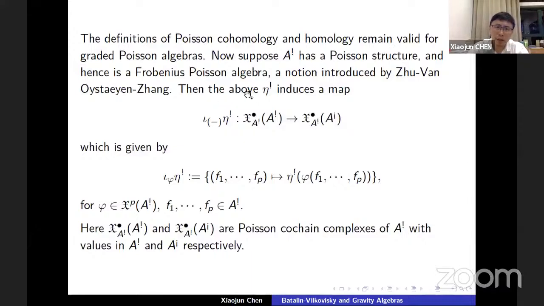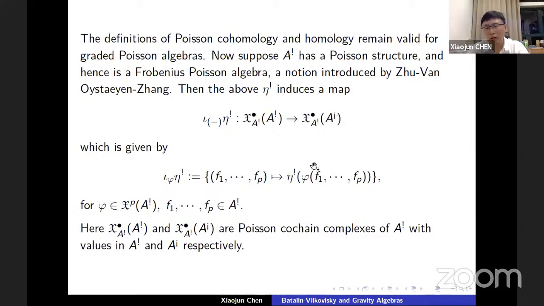Then you see the above isomorphism induces a map, which is from the polyvectors of A anti-Schreck with value in itself to the polyvectors of A anti-Schreck with value in its dual, which is given by the formula like this.